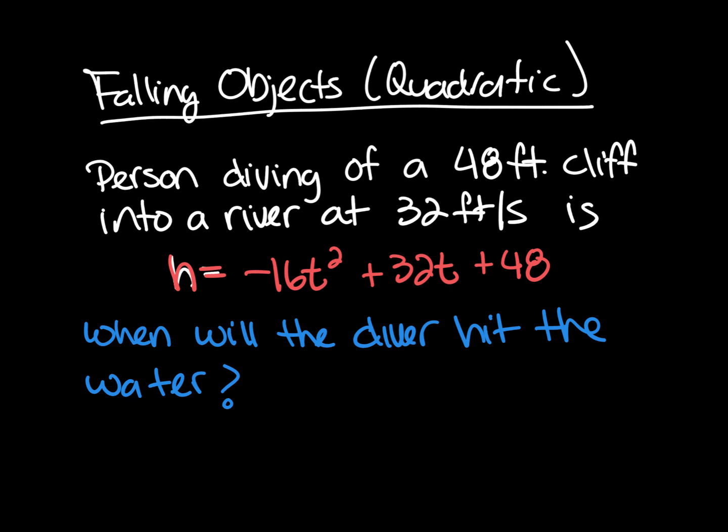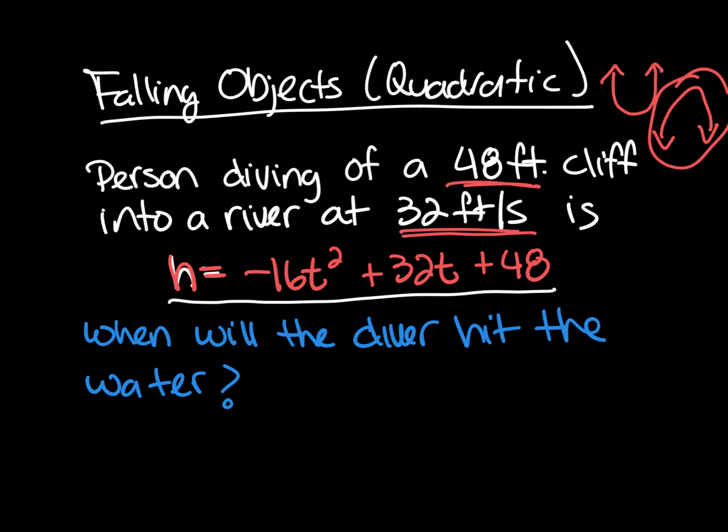This problem is about falling objects. So quadratics, if I was to graph them, in general, they make this shape here. So for a falling object, it goes up and then it comes down. A person diving off of a 48-foot cliff into a river at 32 feet per second is this function right here, where the h represents the height of the diver and the t represents the seconds, like how long he was in the air, things like that.